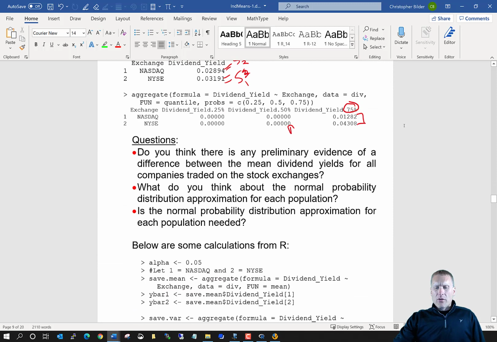What do you think about the normal probability distribution approximation for each population? Well, I think we're going to have a problem with that. We have these skewed distributions here. Is the normal probability distribution approximation for each population needed, though?